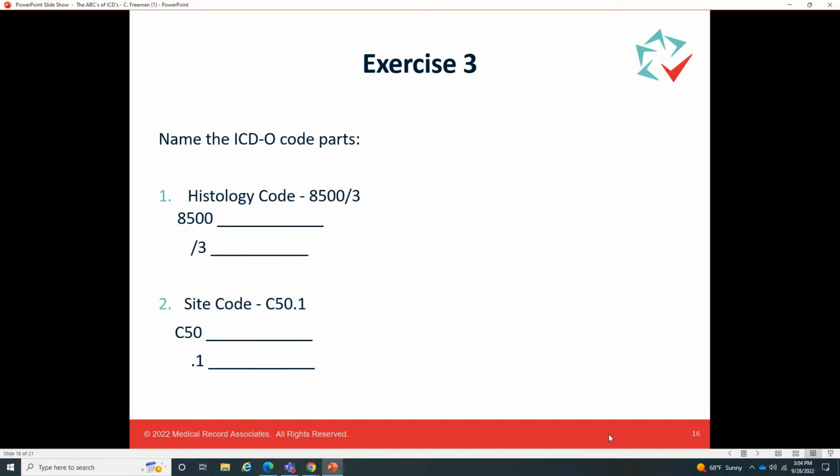And the 3, that is your behavior. We know in registry that 3 means malignant. For number 2, your site code, C50.1. C50 is your site, and the .1 is the subsite. It's more detailed.